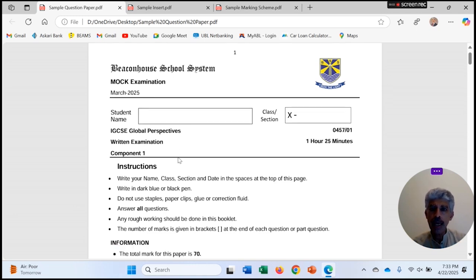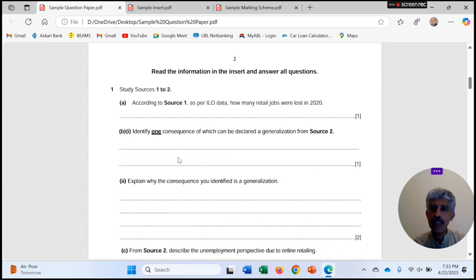Here you can see that there are 4 questions in your global perspectives full paper, and most of the time question 1 is related to sources 1 and 2. At times they may ask you that this question is related to sources 1, 2 and 3. But most of the time it is 1 and 2.